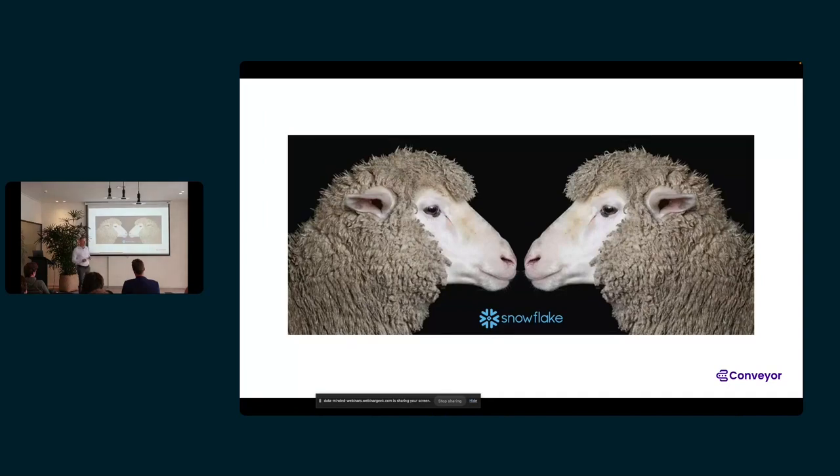And we're not the only ones doing that, right? We see this more and more in the data landscape. This is Dolly, right? It's a clone, and nowadays I'm very much a fan of Snowflake and zero copy cloning. It means you can take any database, any schema, any table, and make a zero copy clone of that.